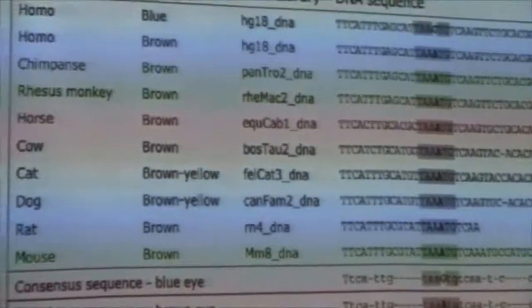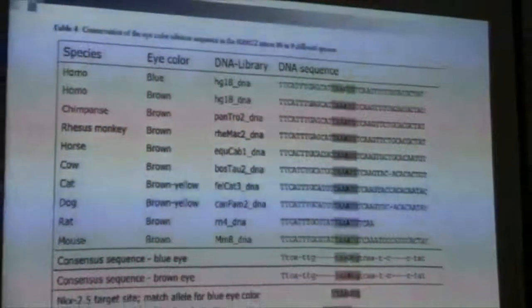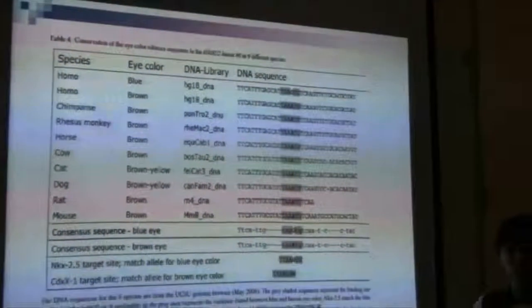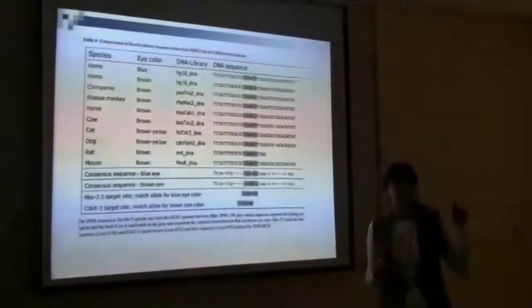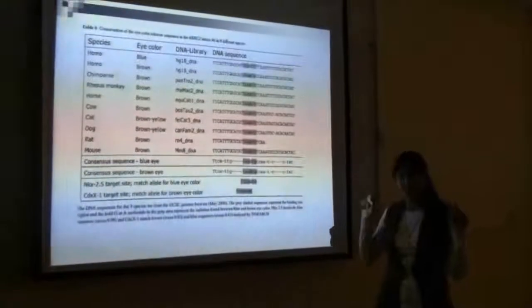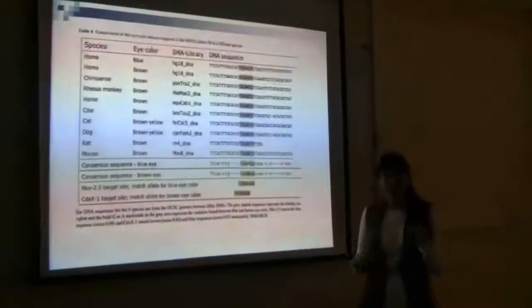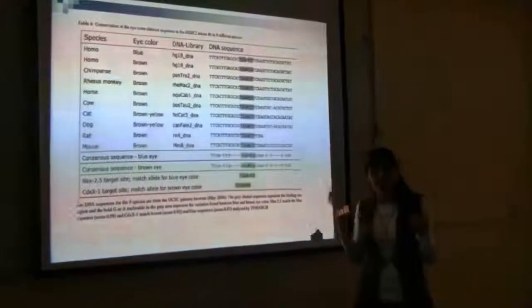As a conclusion, I just want to say that they proved, through finding the DNA sequence and genome mapping, that the HERC2 gene is the gene that inhibits the OCA2 gene.